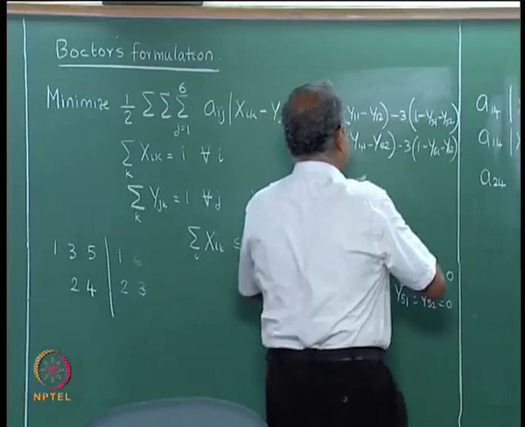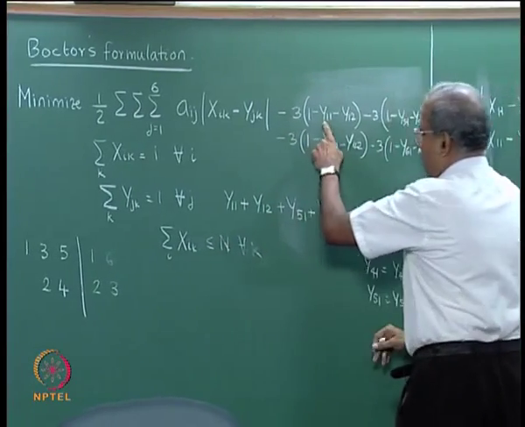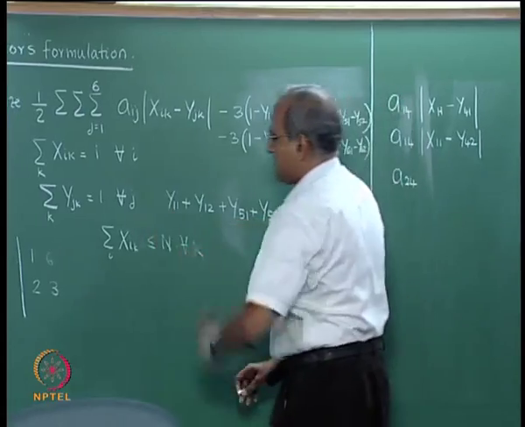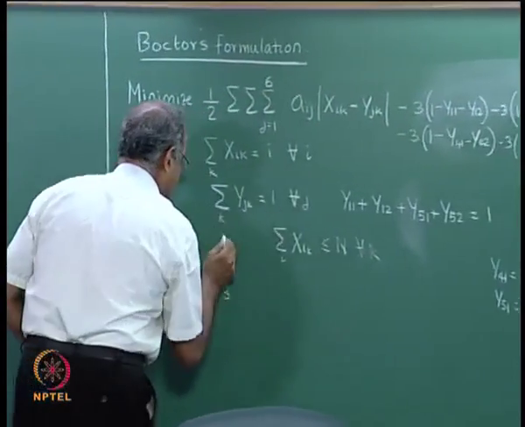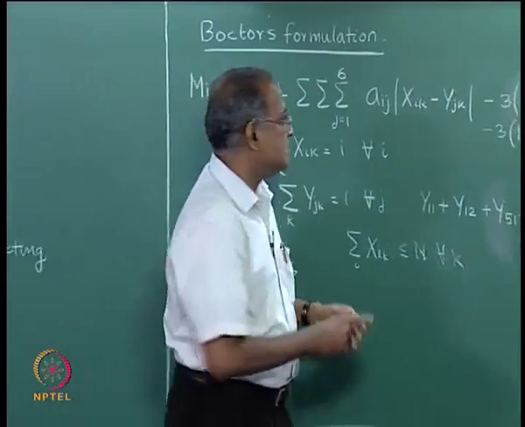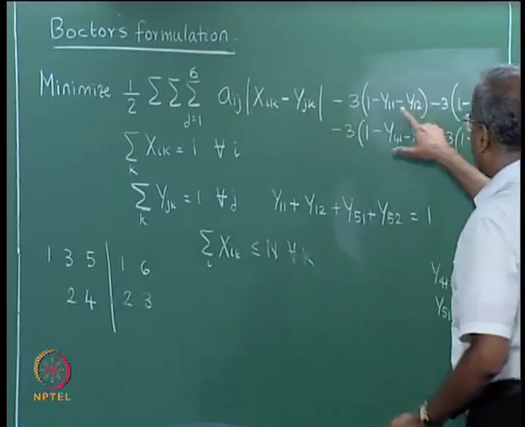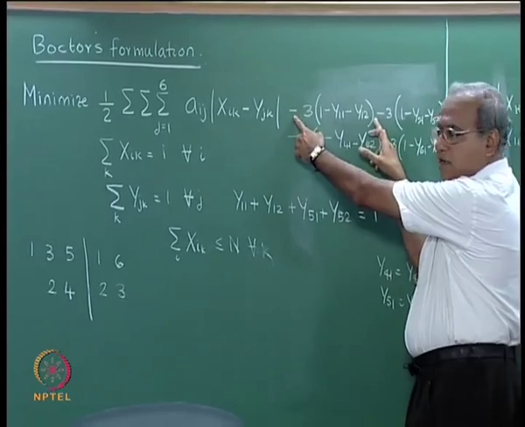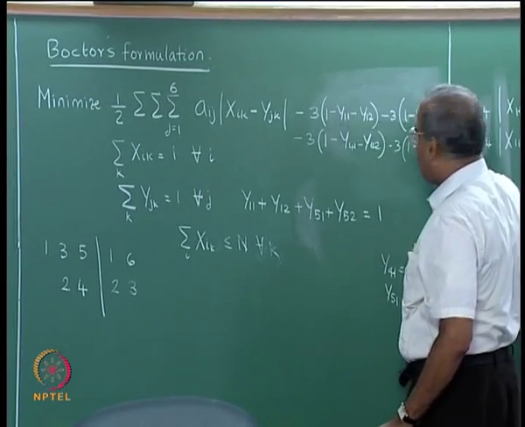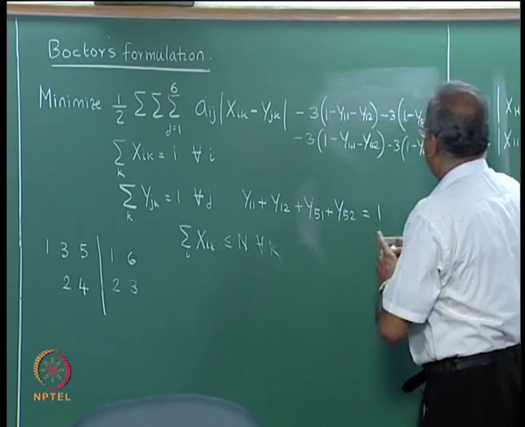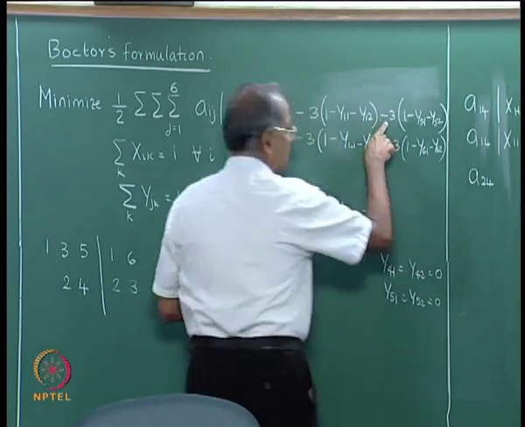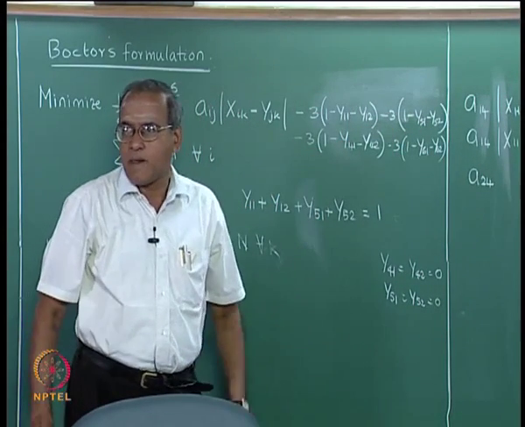So if process plan 1 is chosen, as in the example, one of these 2 terms will be 1 and this thing will become 0. Now 5 is not chosen, therefore both of these will be 0 and this will contribute a 3 to the other one.